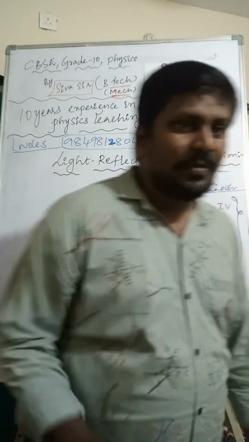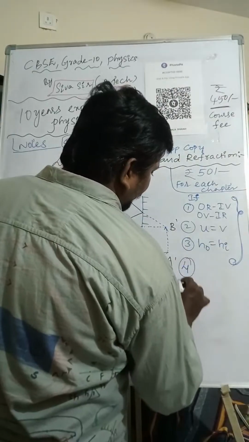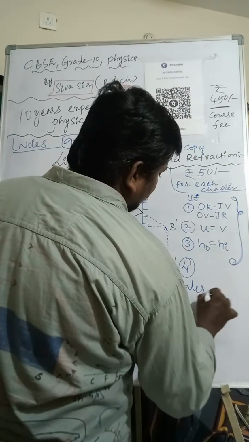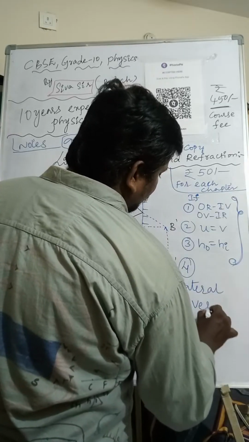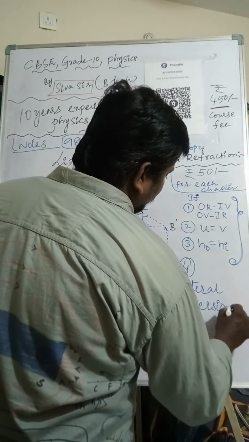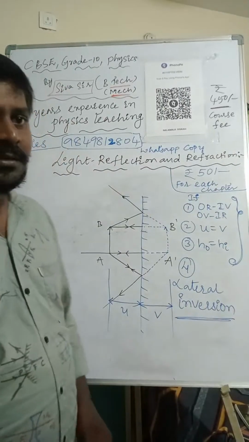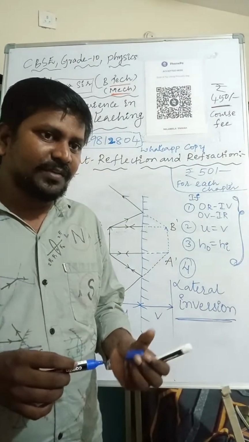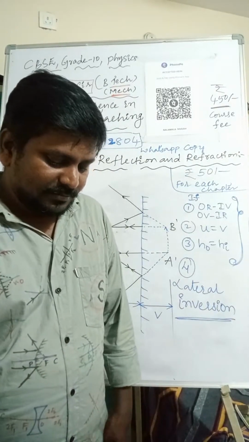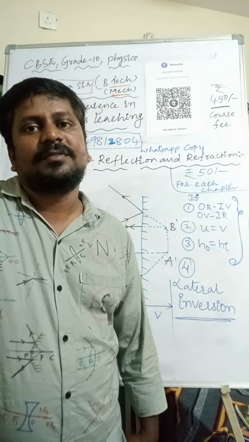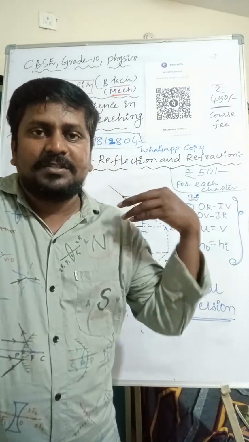And one more point is there: lateral inversion, the fourth one. Lateral inversion is the phenomenon where the right side of the object appears to be the left side, and the left side of the object appears to be the right side.